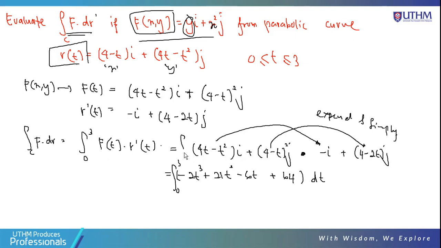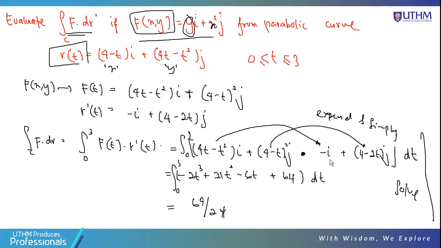So this one starts from 0 to 3, with dt. Okay, so you have to solve this one. It is a dot product, so the i, j, k are gone; after the dot product, there is no more i, j, k. So the final answer is 69 over 2. So you solve this.